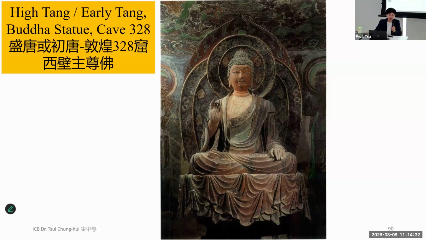The artists and painters in the Tang Dynasty had a very high taste in art. You can see the color tone is very elegant, very harmonious, designed throughout the whole cave, especially inside the cave.